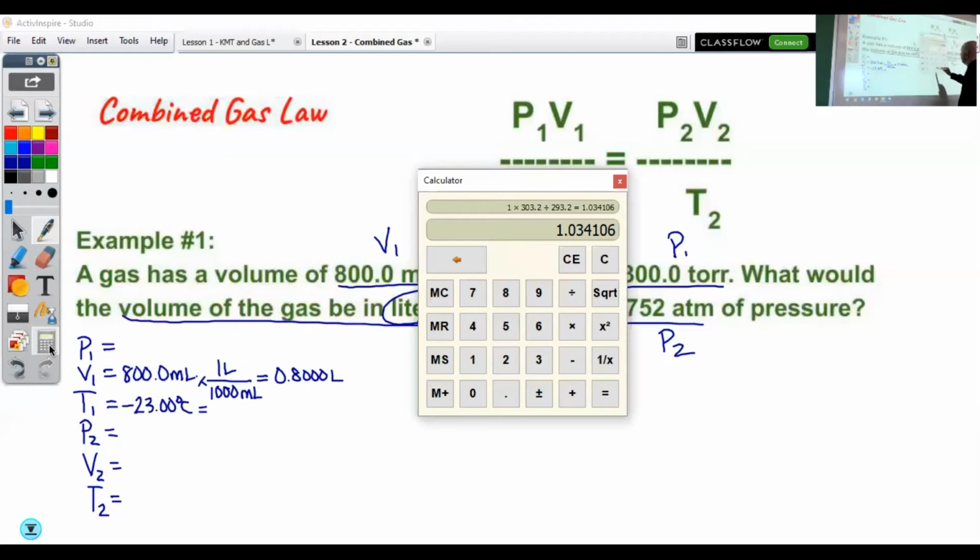So negative 23 plus 273.15. Notice you do it exactly the same. It's irrelevant that it's negative. You just treat it as a normal number and put a negative sign in front of it. We wind up with a temperature in this case of 250.15 Kelvin.